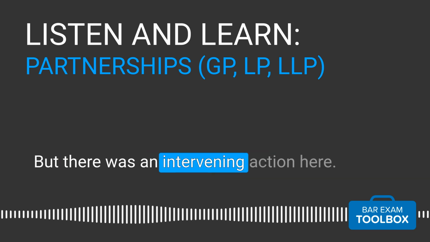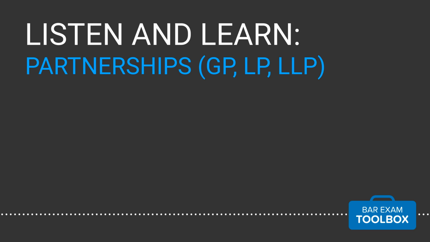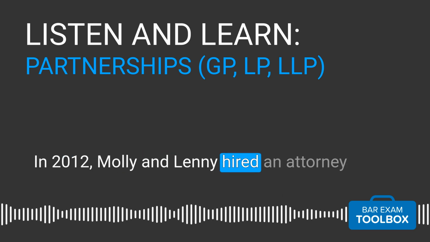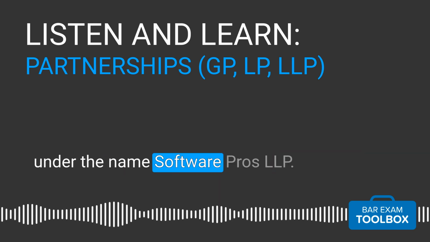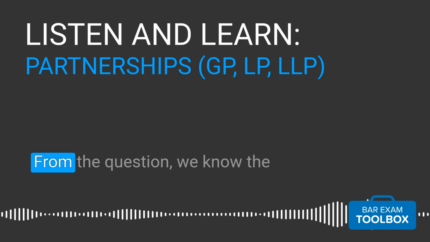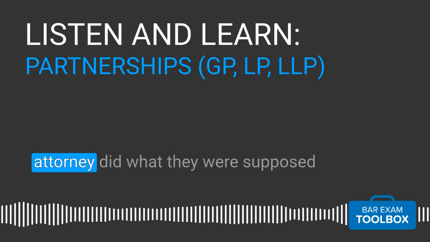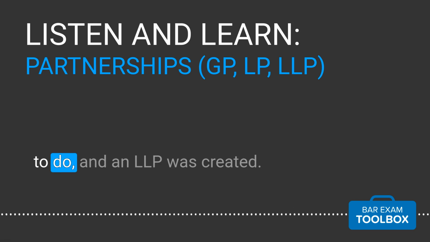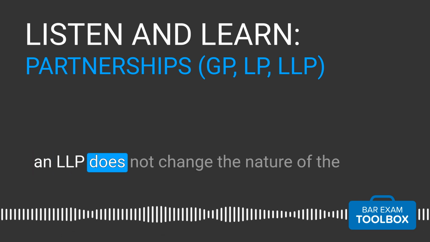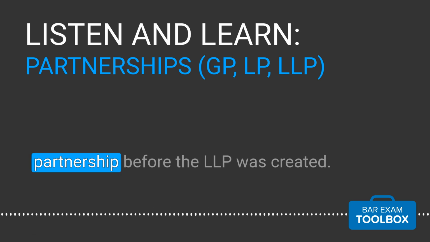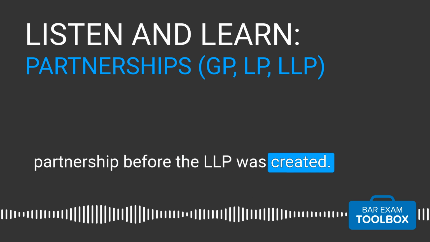But there was an intervening action here. In 2012, Molly and Lenny hired an attorney to make their business a limited liability partnership under the name Software Pros LLP. From the question, we know the attorney did what they were supposed to do, and an LLP was created. Remember, converting a partnership into an LLP does not change the nature of the partnership before the LLP was created.